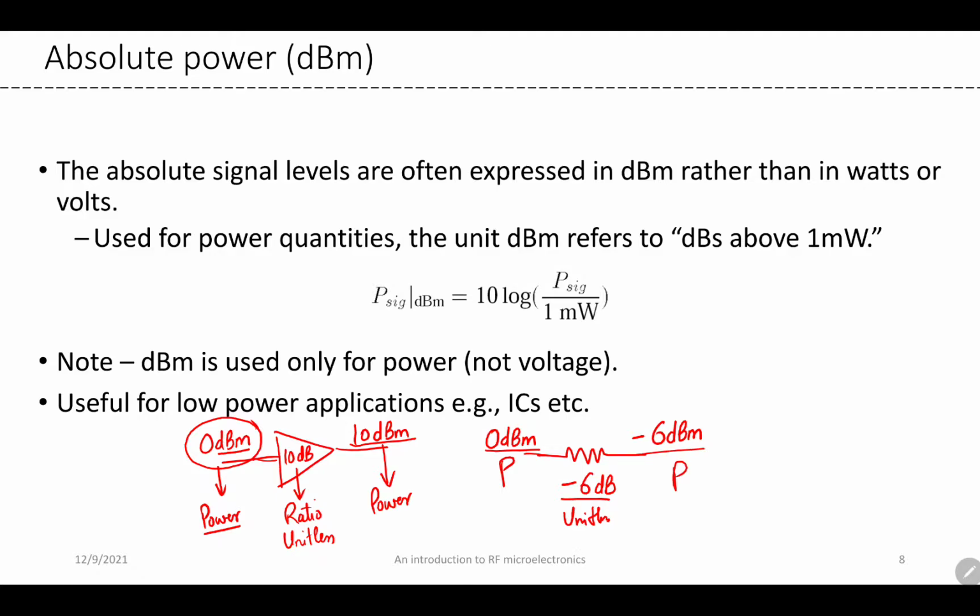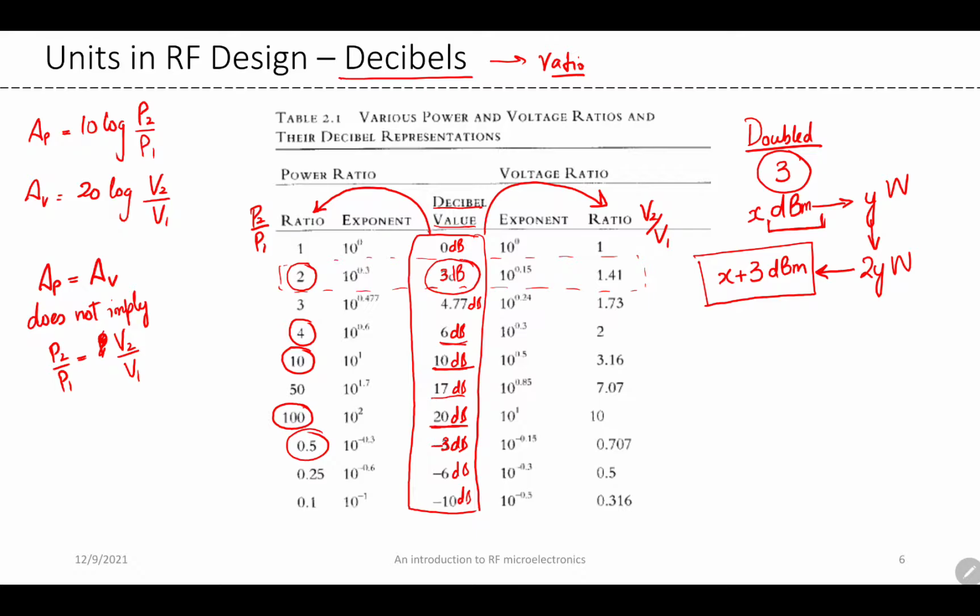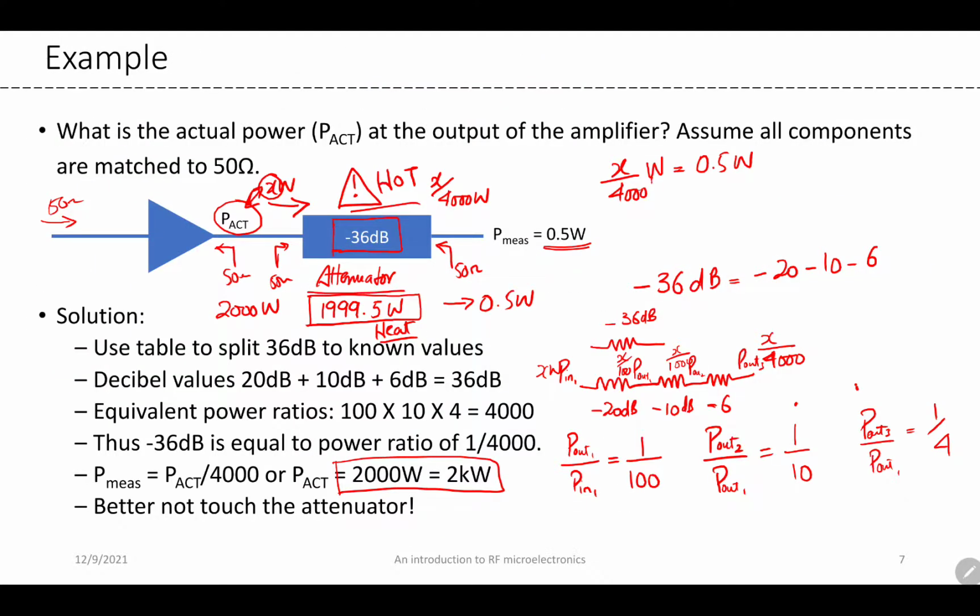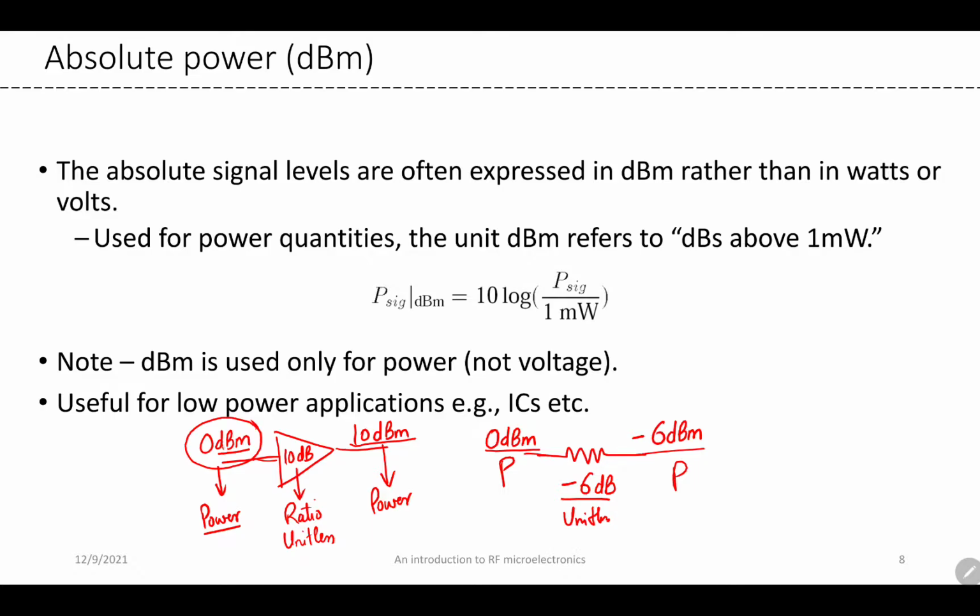Now I asked you to remember the number 3 dB. I mentioned in the previous slide it's easier to work with 3 dBs, which represents a power ratio of 2, right? So if I have a 0 dBm power level, a 3 dBm power level means it's 2 times this. So for example, if 0 dBm represents 1 milliwatt of power, 3 dBm would represent 2 milliwatts of power.